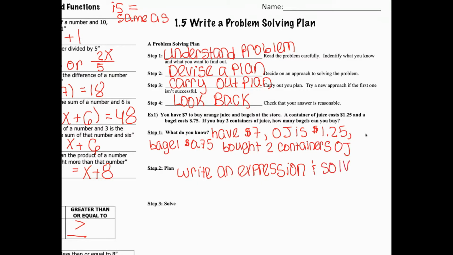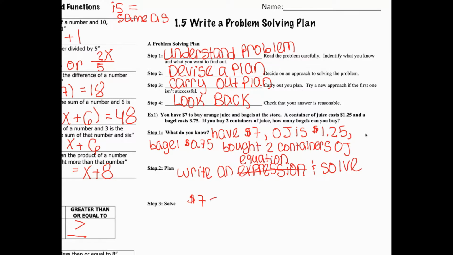Oh, and you know what? That's bad terminology. I mean an equation, because we're going to actually solve it, and there's going to be an equal sign. So my bad. I should have said equation. Okay, so we're going to go ahead and set this up. So I know that I started with $7. Okay. And then I bought 2 containers of orange juice.